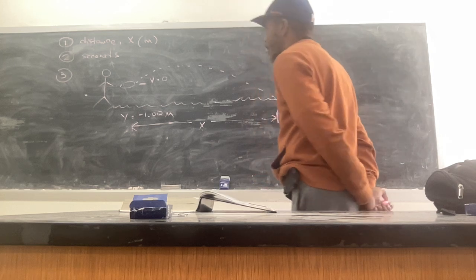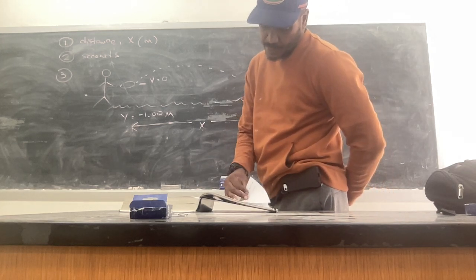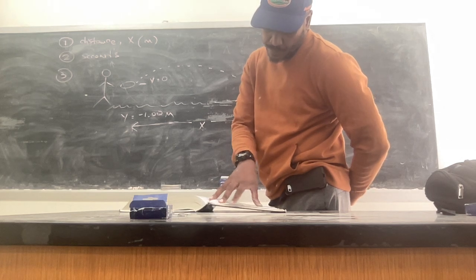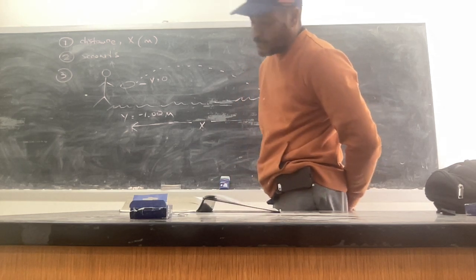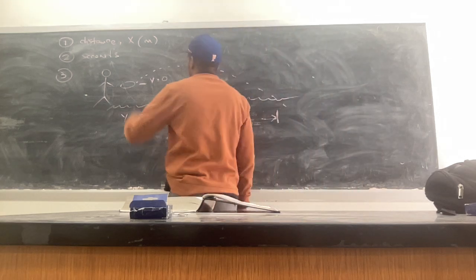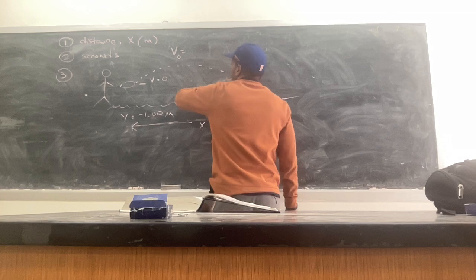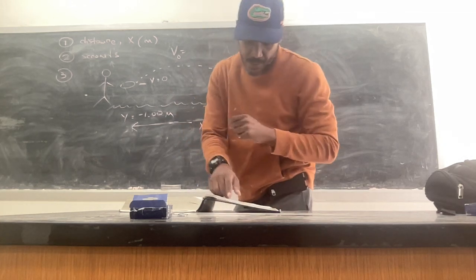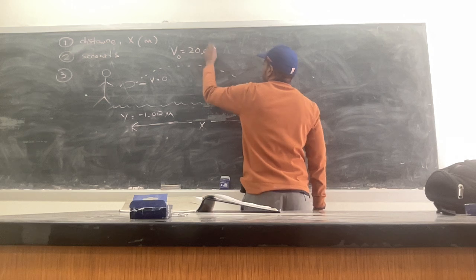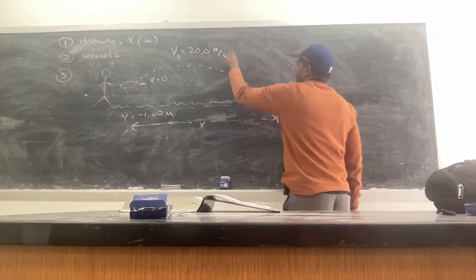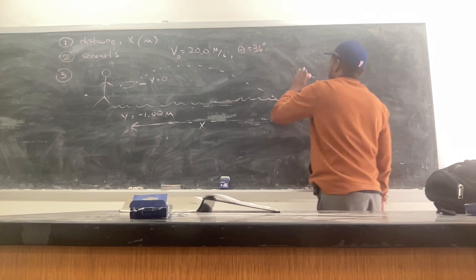That goes back to page 62, which is example 3.6. It says the ball was kicked with an initial speed of 20 meters per second and at a theta of 36 degrees.